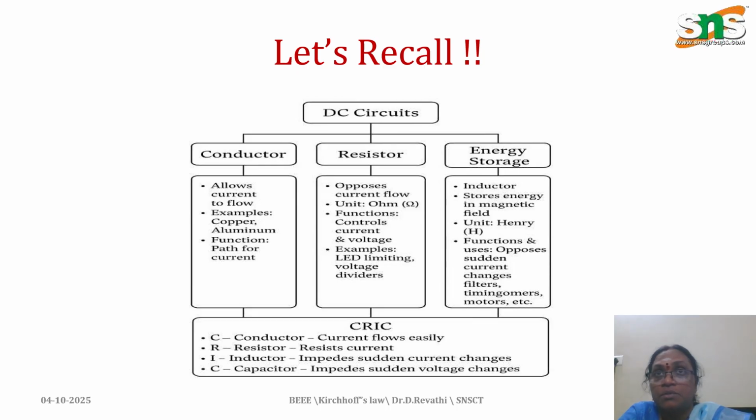A capacitor also stores energy, and its unit is Farad. So keep in mind the components we use in the DC circuit: conductor, resistor, inductor, and then capacitor.